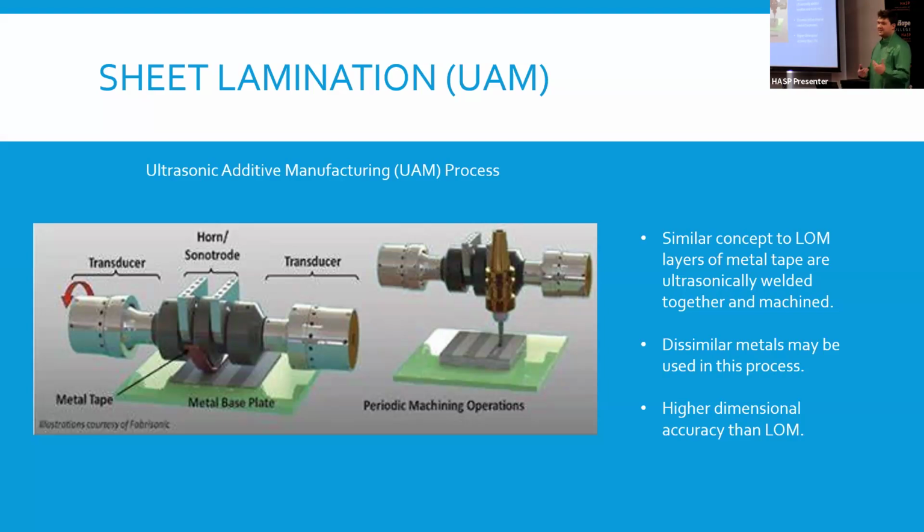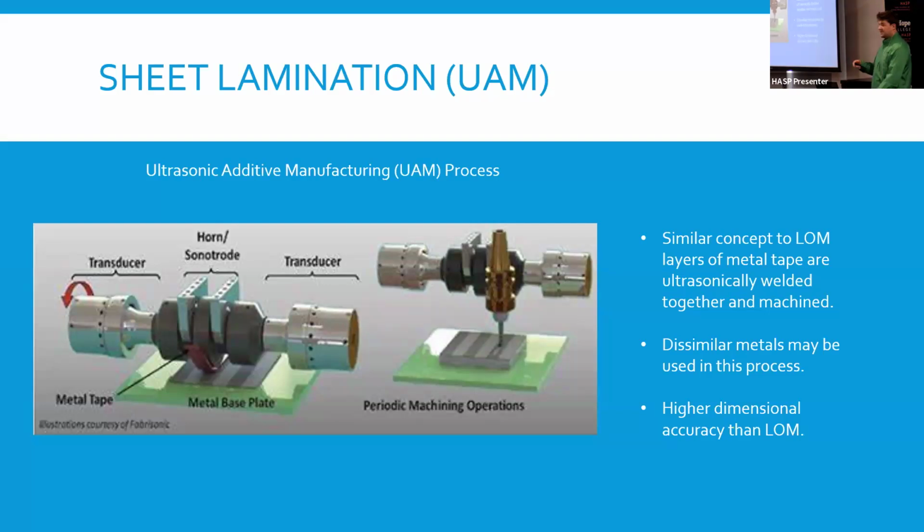So if you had something on the outside of your part that you wanted to have a little bit more thermal conductivity, like a copper or something like that, you could melt or weld it to, let's say, an aluminum.